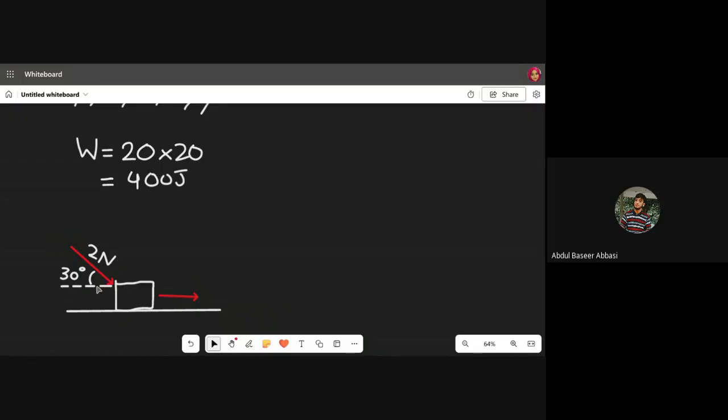We are going to make the components of this force. Since it is coming at a certain angle, it will have a component on the horizontal and a vertical component. Why does it have vertical and horizontal forces?